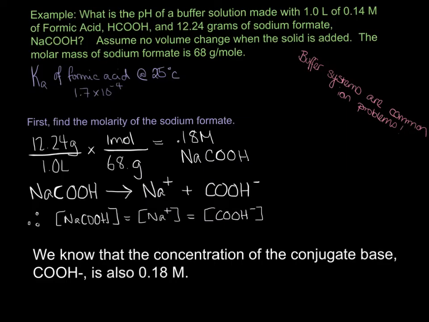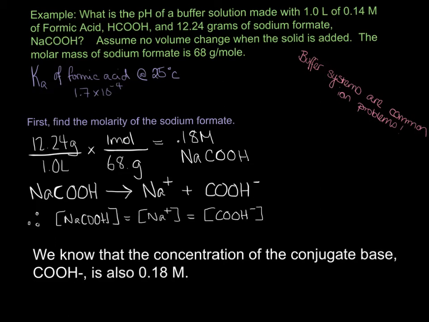Alright, so let's try a problem that involves a buffer system. So we have a buffer here that is formic acid, HCOOH, and formic acid is the venom that comes from ants.